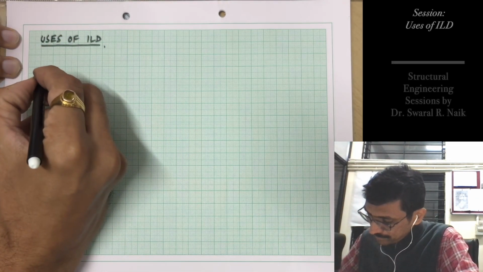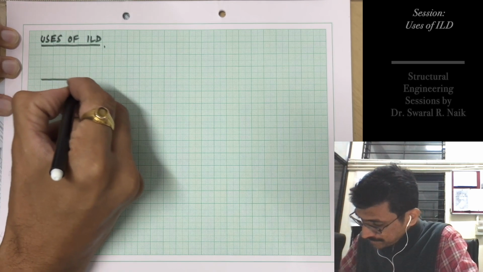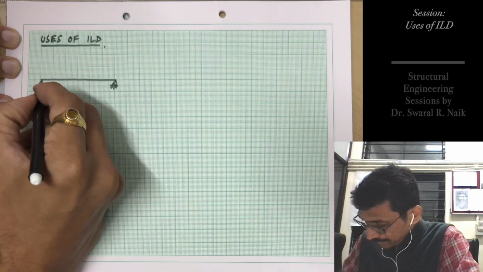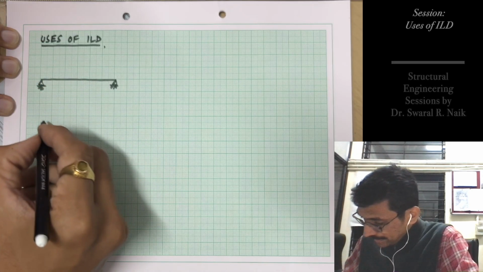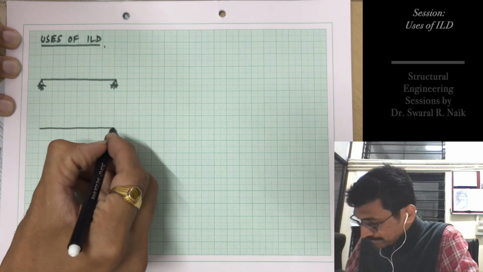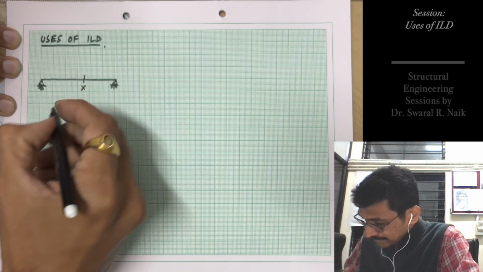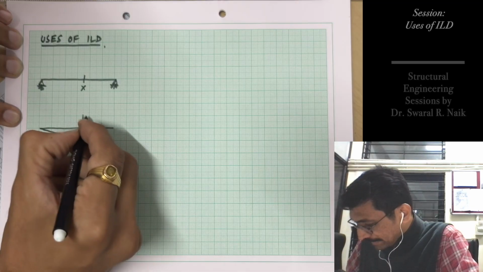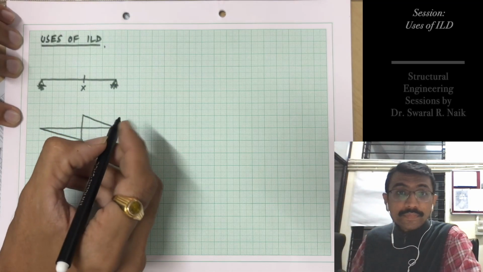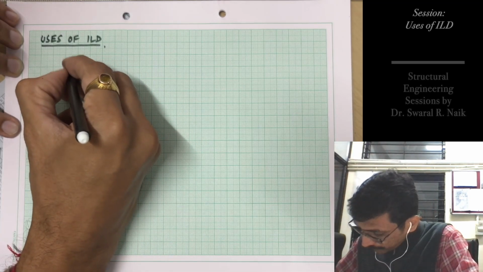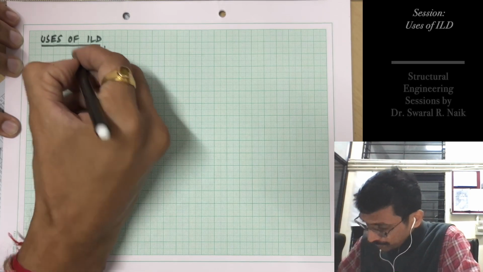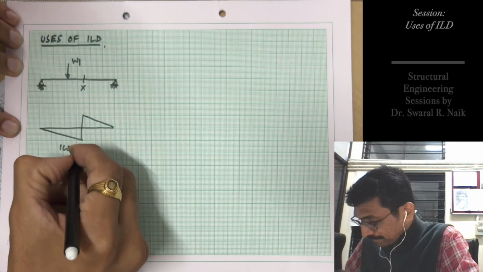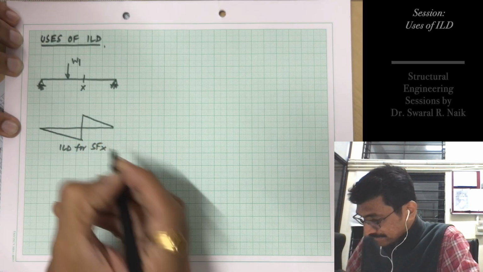What I was trying to say is that if this is your beam and suppose this is section X, and this is your ILD at X, then if your point load is this W1, this is ILD for SFX.